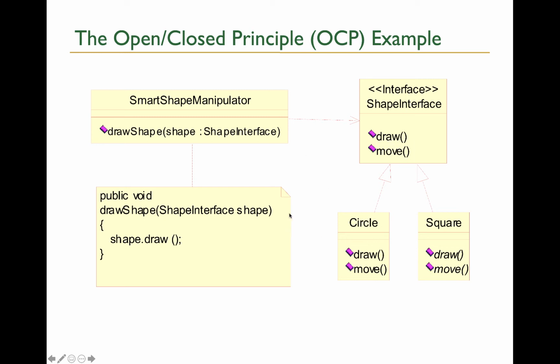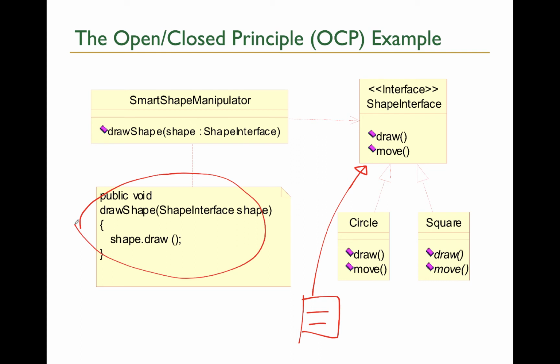The really nice thing about this is that when you get a new shape, all you need to do is add a new class and make it a subclass here, and that's it. All you need to do is implement these two methods, and then you do not need to touch any part of this code here.